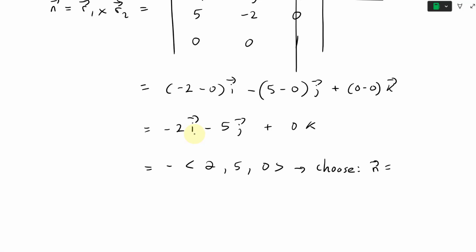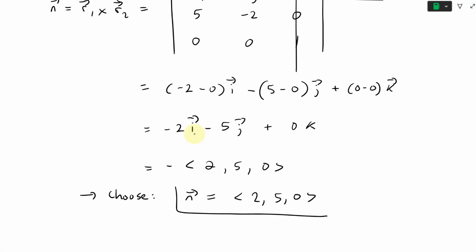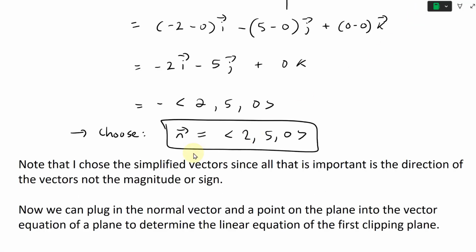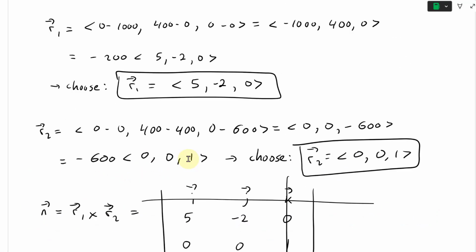So I choose the n vector equals 2, 5, 0, getting rid of that negative. Alright, continuing further. Note that I chose the simplified vector, since all that is important is the direction of the vectors and not the magnitude or sign of it.